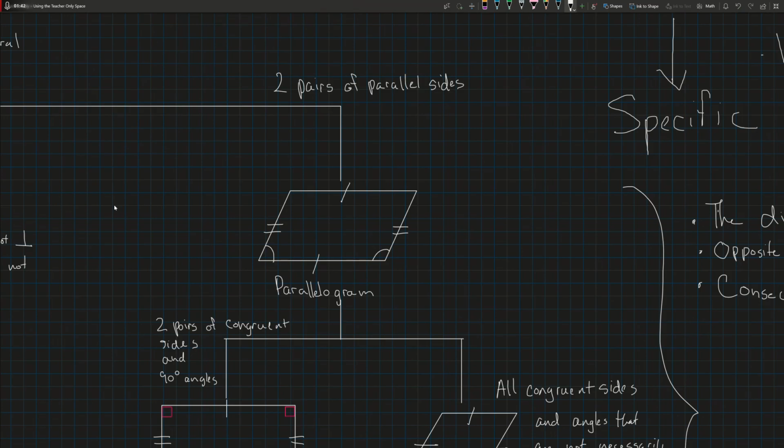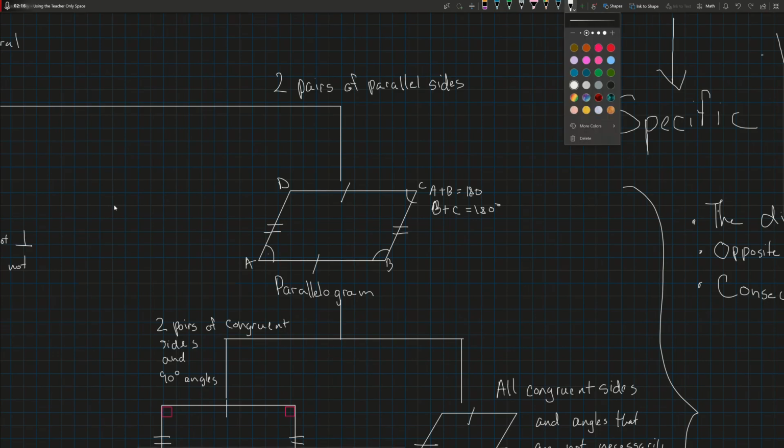So I'm guaranteed that this angle, let's call this A, plus angle B will give me 180. And if this is C and this is D, I'm guaranteed that angle B plus angle C will give me 180. And C plus D will give me 180. D plus A will give me 180.